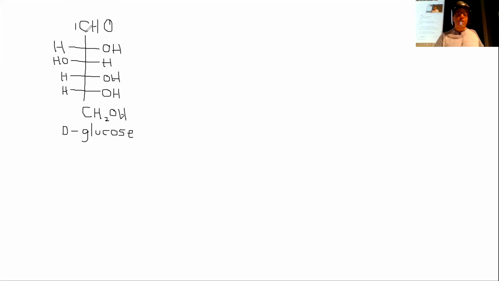Well, we can number the carbons. That aldehyde carbon, which we by convention put at the top, will always be carbon 1. And we will find that there are 6 carbons, just as we thought there would be. So what would the structure of D-galactose be?